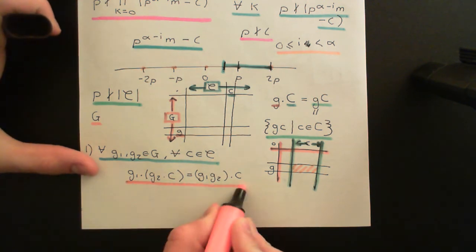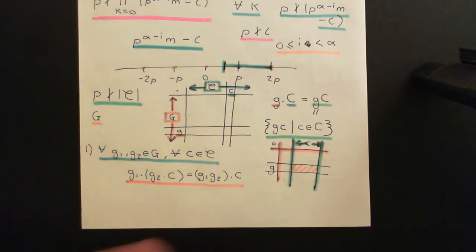Okay, so this is our condition. This is axiom number 1 of a group action.